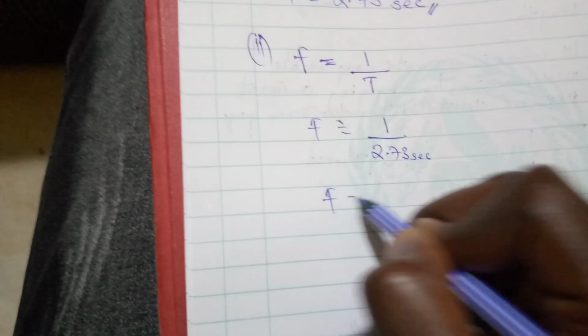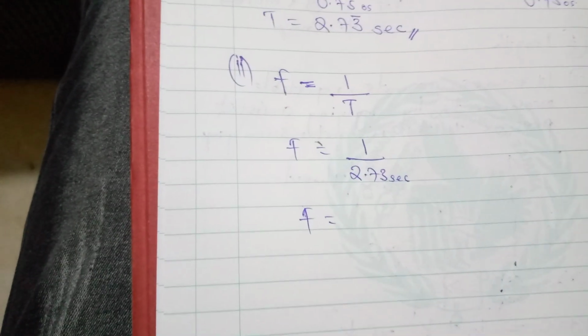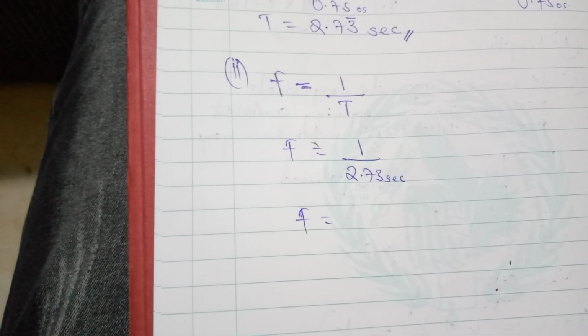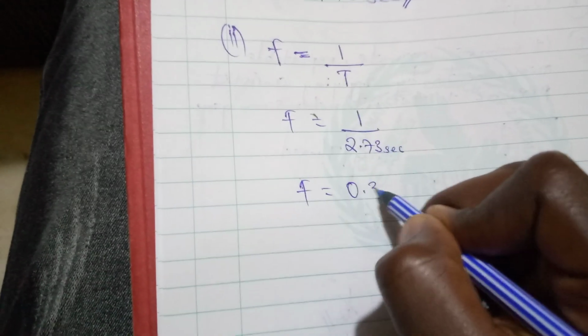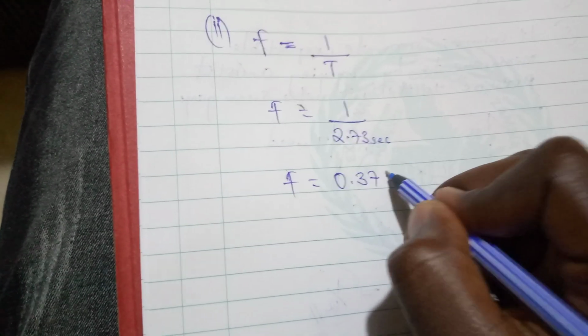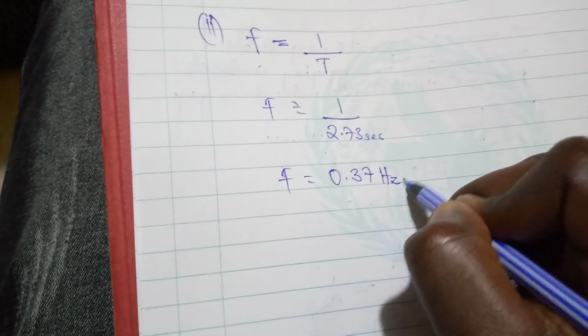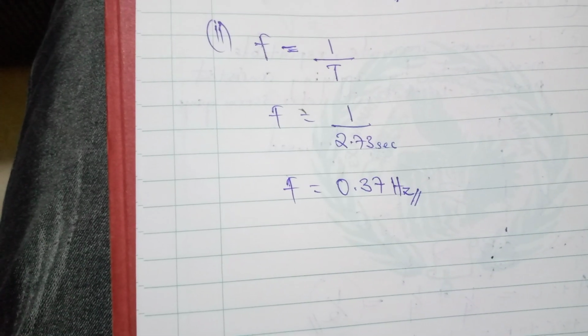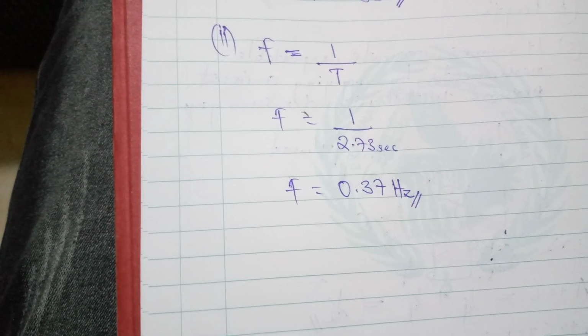So frequency is equal to, when you divide 1 by 2.73, you're going to obtain 0.37 Hz. So that is the SI unit for frequency. So we proceed to the next one.